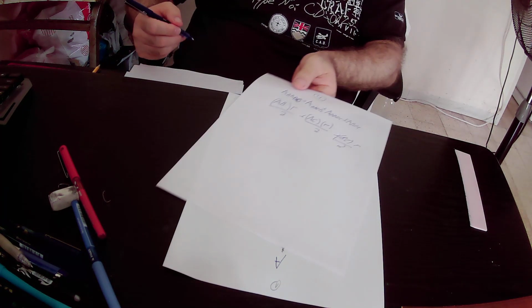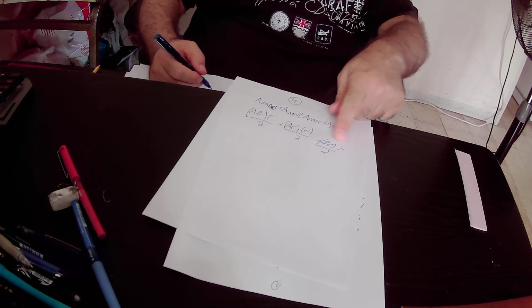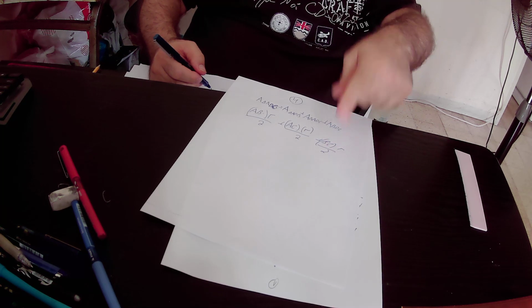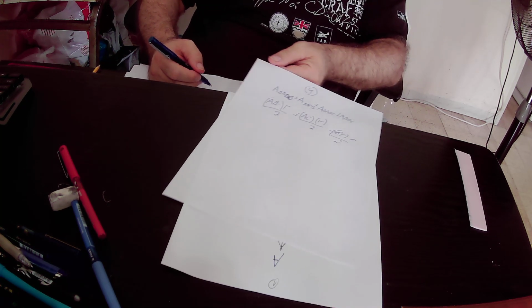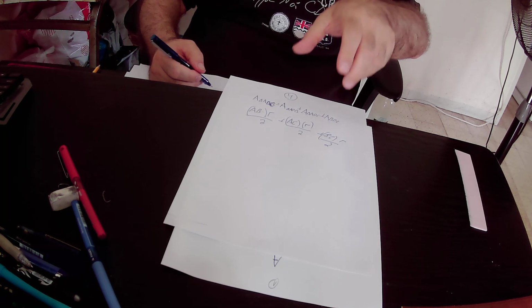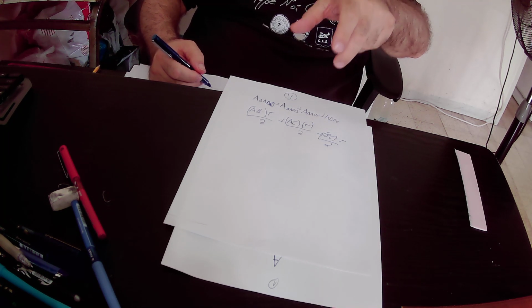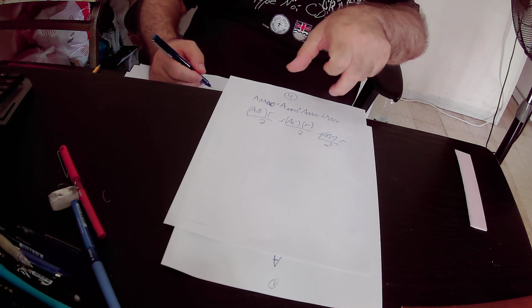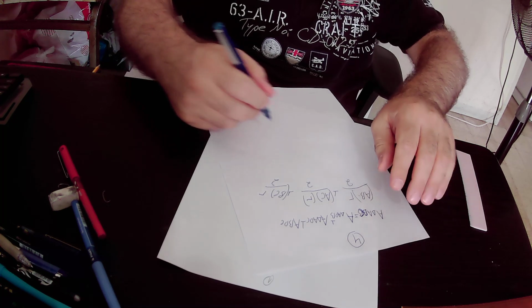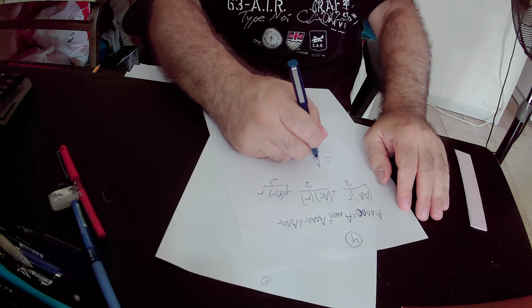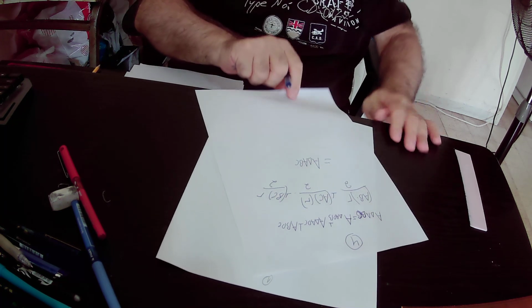The sum of the areas of those three small triangles equals the area of the big triangle ABC. Okay?